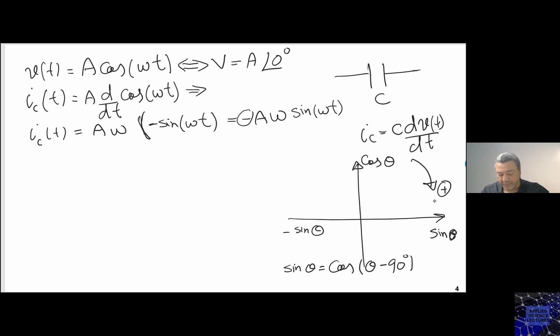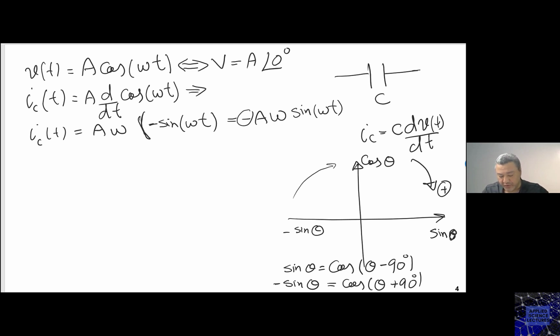If I want to go from minus sine into a cosine, in this case I have minus sine theta. It's going to give me cosine theta plus 90 degrees, right? Here is minus sine.